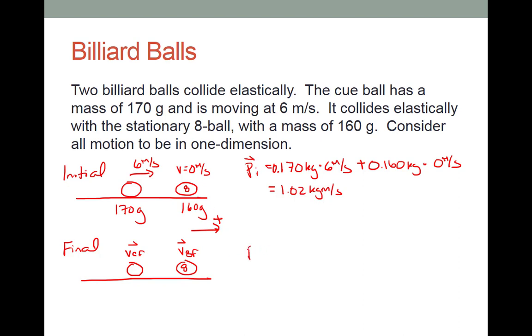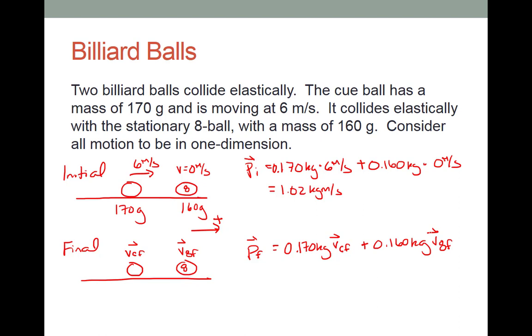My final momentum is not overly helpful at the moment because I don't know either final velocity, but we'll write it out anyway just so that we have it. Now, in the last problem, the first thing we did was apply conservation of momentum.